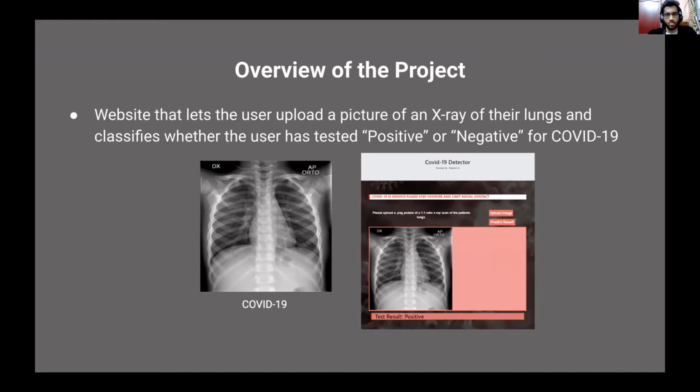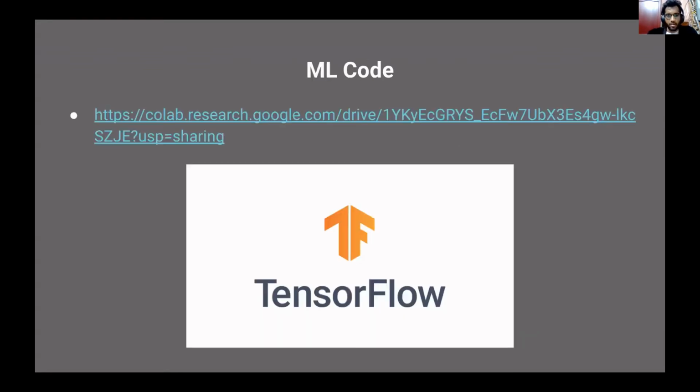All the images in the COVID-19 folder were classified as COVID-19, and the normal folder was all classified as normal. So we classified images as one of the two classes. I'll let my other teammates take over the ML code part.